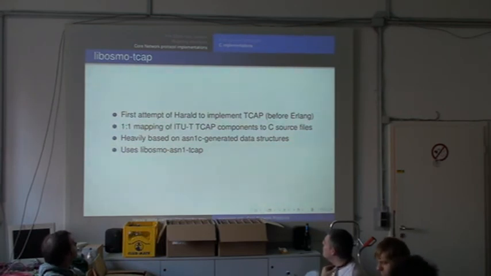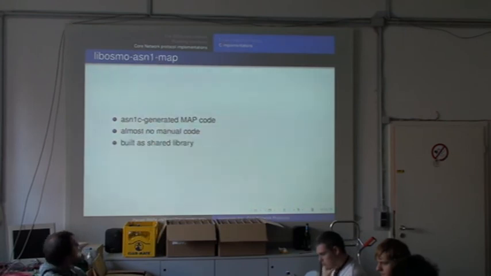It uses a lot of the ASN1C generated data structures and uses the libosmo-asn1-tcap. About the future of this I'll talk after the slide on osmo-asn1-map. That's just the automatically generated MAP codec from ASN1C. Again, no manual code, built as a shared library.